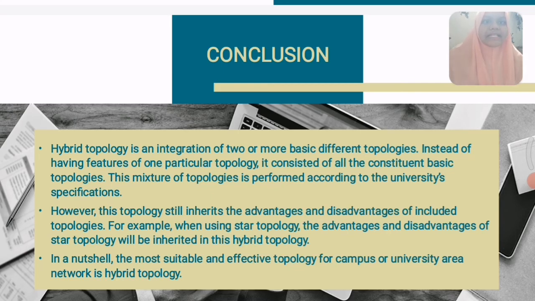However, this topology still inherits the advantages and disadvantages of the included topologies. For example, when using star topology, the advantages and disadvantages of star topology will be inherited in this hybrid topology. It means that when we choose star topology as a basis for a hybrid topology, everything that is a disadvantage or advantage of star topology will be inherited by the hybrid topology.